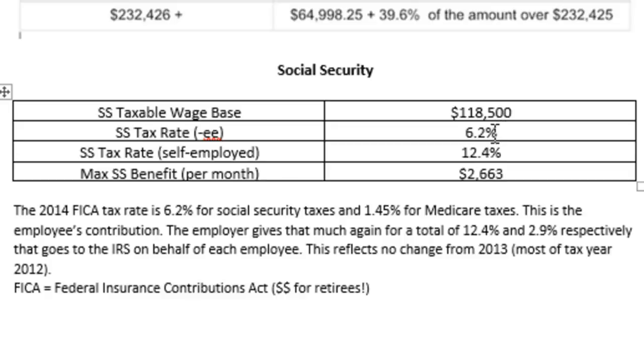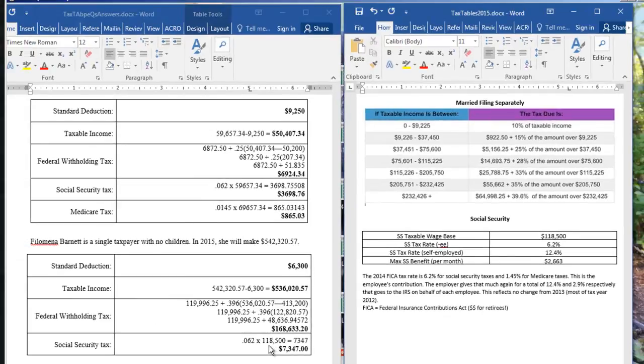Social Security is the only one that is like that, different from the rest of the taxes, and that's why in the question here for Philomena Barnett, she makes way over $118,000. But she doesn't pay tax on all of it. She only has to pay up to $118,500. That's just a weirdness from our tax code.